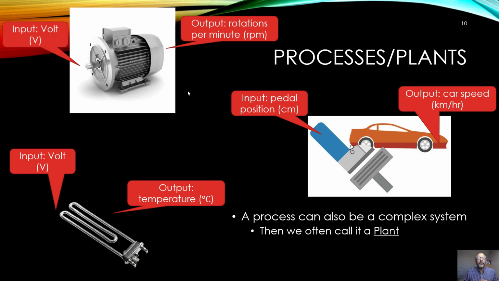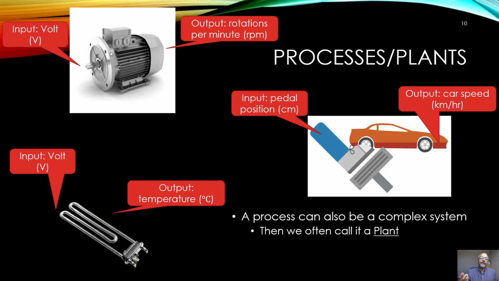In this context, we will often talk about the process or the plant that is being controlled. So you have a process, and that process has a certain input and it has a certain output. And you want to control the output basically. So for example, an electromotor up here, it has an input, a certain voltage, you apply a certain voltage to it.